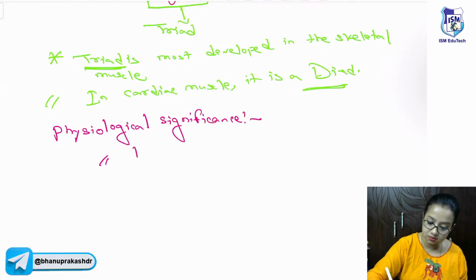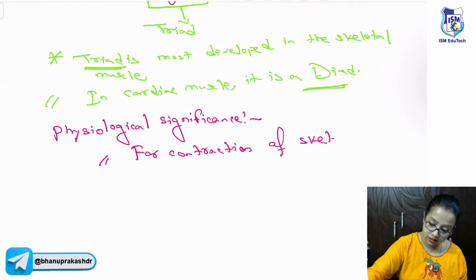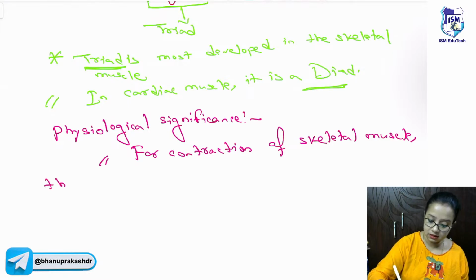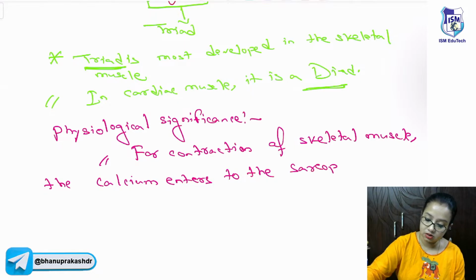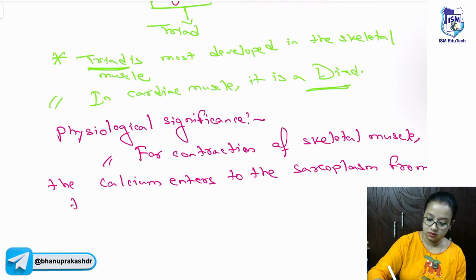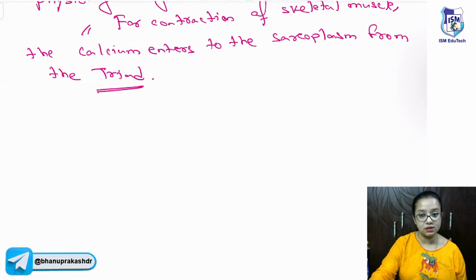We should remember it for contraction of skeletal muscle: calcium enters the sarcoplasm from the triad, because without calcium there cannot be contraction of the skeletal muscle.